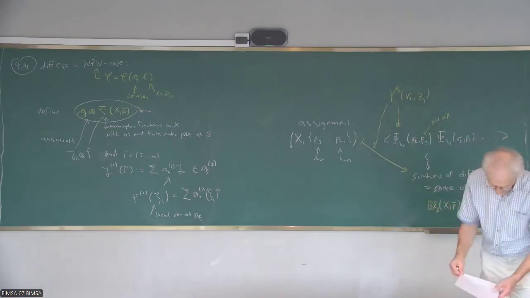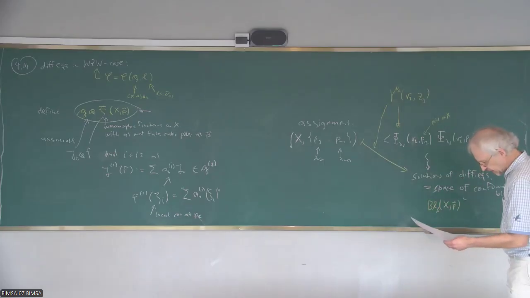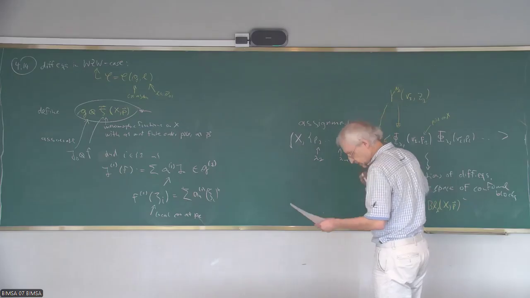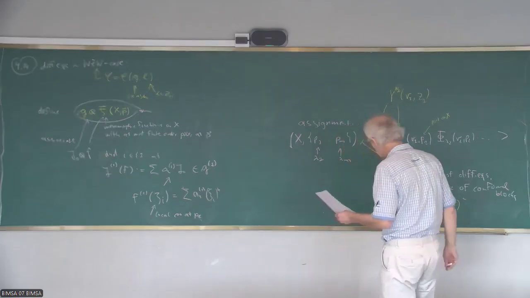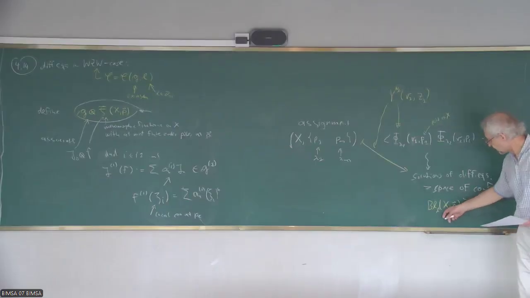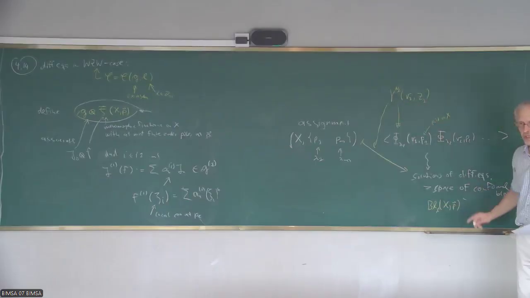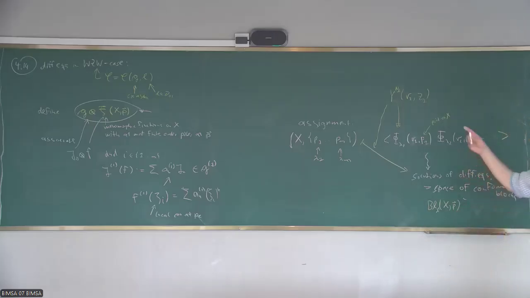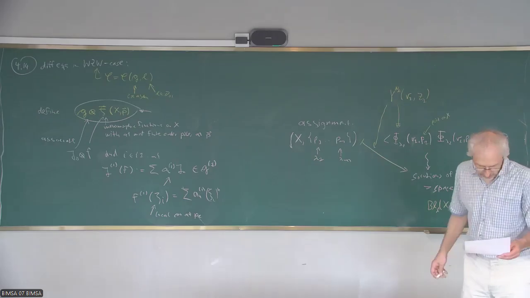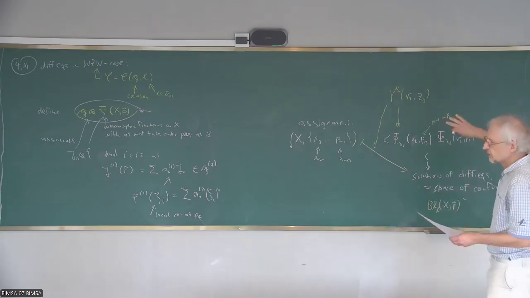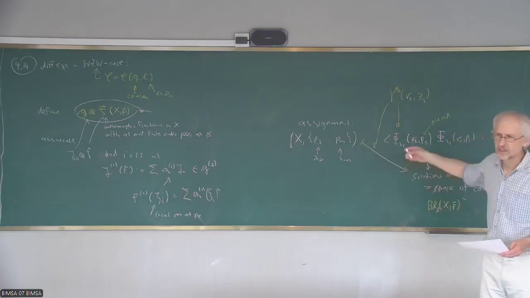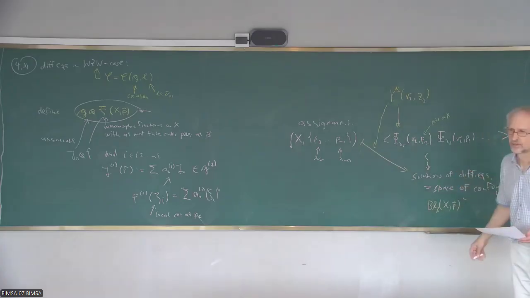And I will not say anything about this, but just mention that it has been shown that for rational conformal field theories you get finite dimensional vector spaces in this way, and when you vary the moduli of the curve X and the positions of these insertions of fields, then the various vector spaces you get are just the fibers of a vector bundle over the moduli space of curves with marked points.